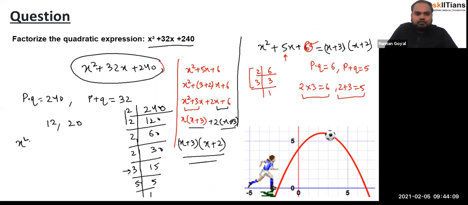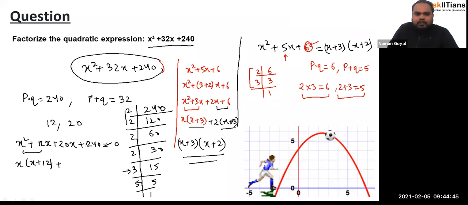So in place of 32x, we can write 12x plus 20x. This becomes x square plus 12x plus 20x plus 240. We can take x common from the first two, which gives x plus 12.